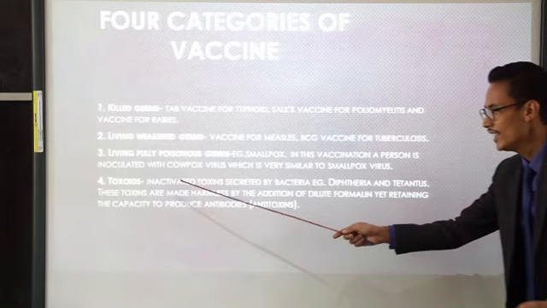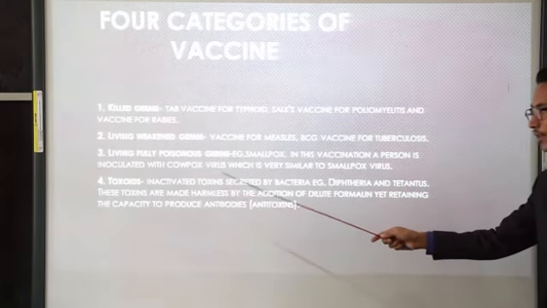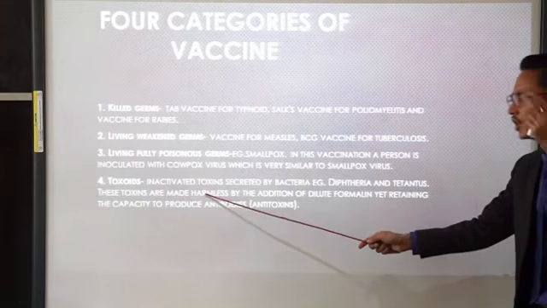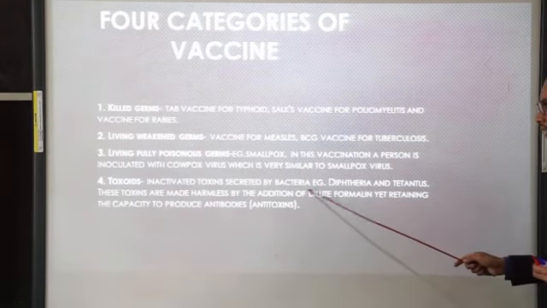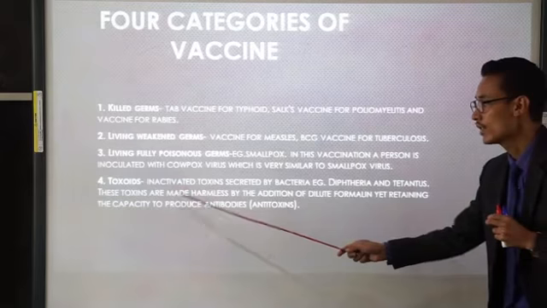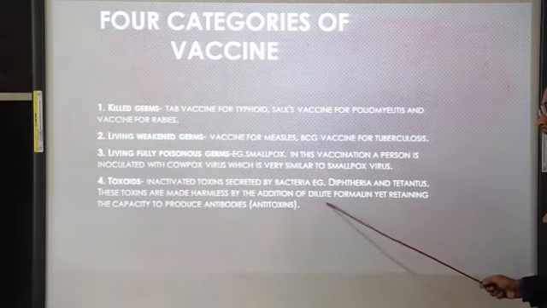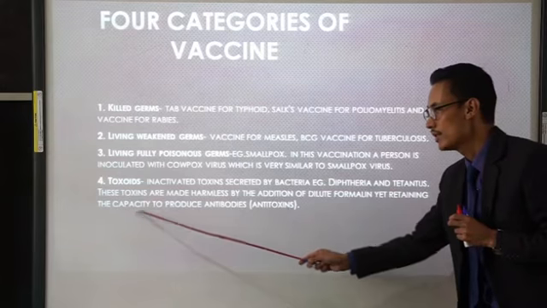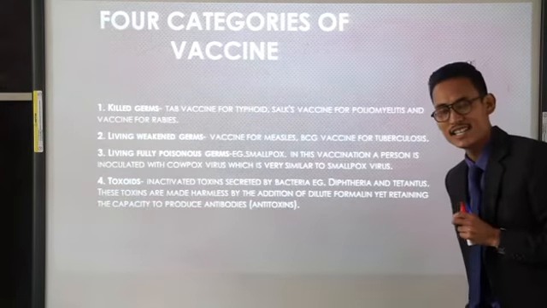Let's talk. Inactivated toxins, meaning these toxins will be inactivated, less harmful, non-toxic. Second, produced by bacteria, for example, diphtheria and tetanus. First one, these toxins are made harmless by the addition of dilute formalin, yet retaining the capacity to produce antibody or antitoxin.